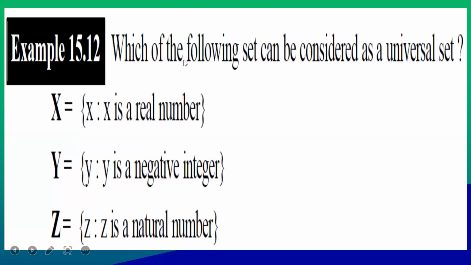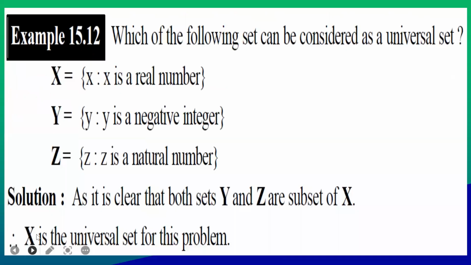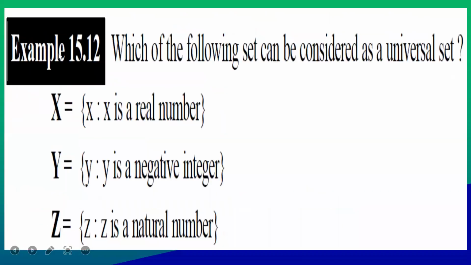So let's try an example. Which of the following sets can be considered as a universal set? X is equal to x such that x is a real number. Y is equal to y such that y is a negative integer. And Z is equal to z such that z is a natural number.